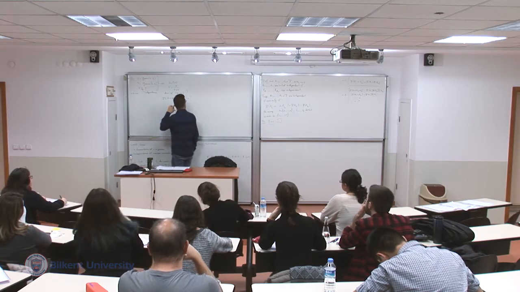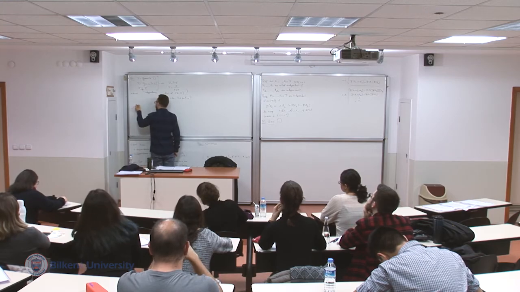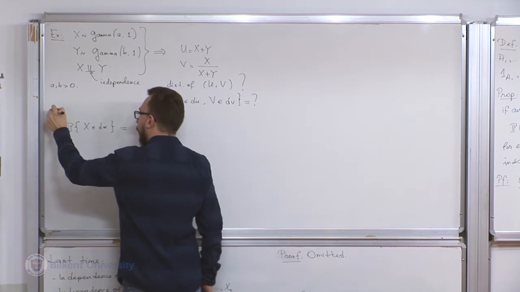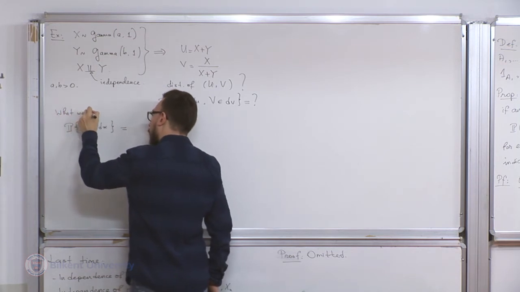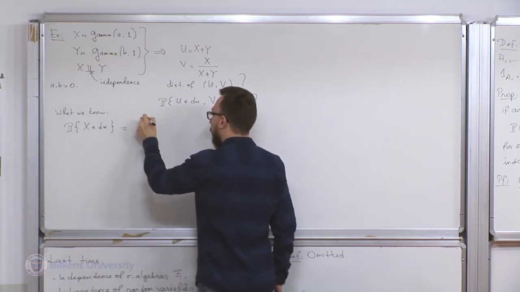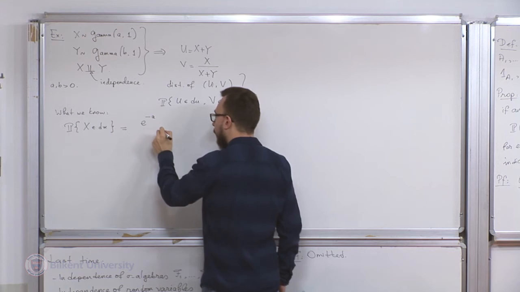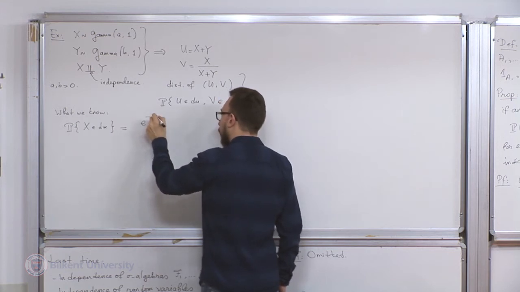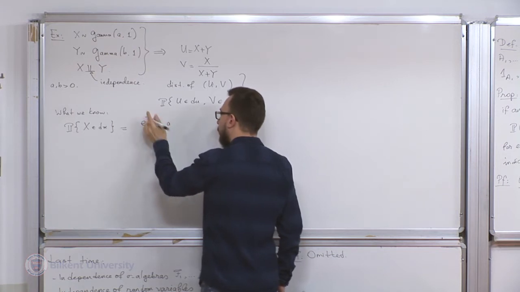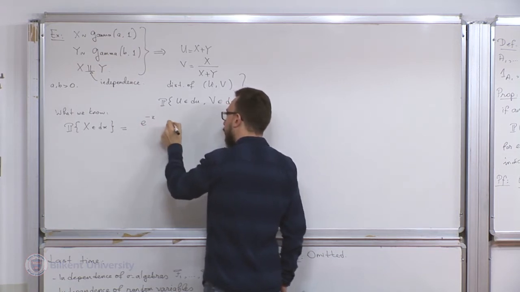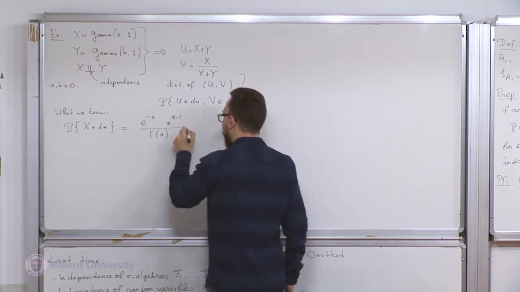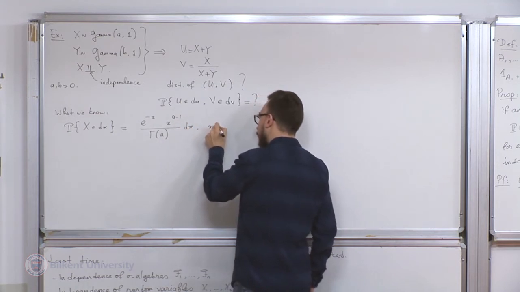So let's first recall what we mean by gamma. So P(X in dx) is, so this is what we know. This starts like an exponential distribution, right? Just e to the minus x, x to the power a minus 1, divided by the gamma function at a, dx, and x is positive.